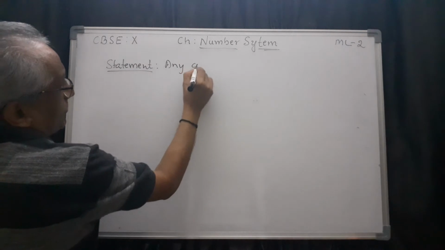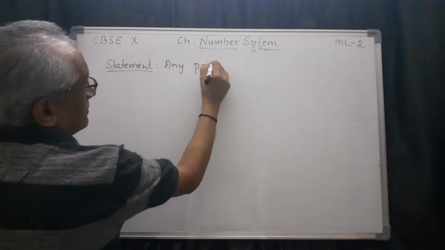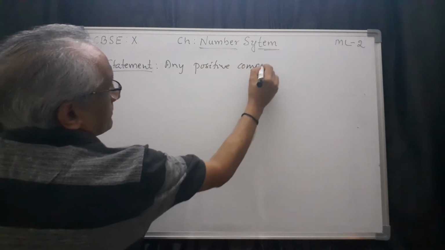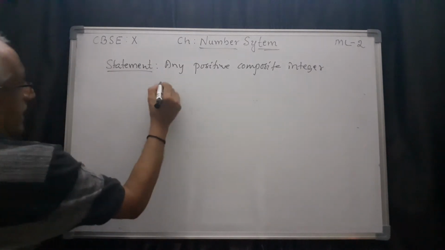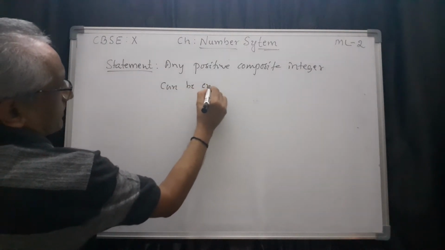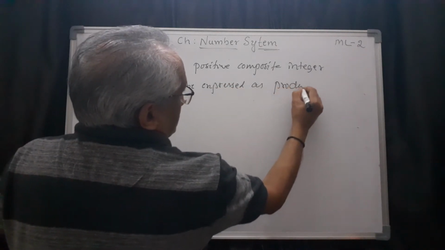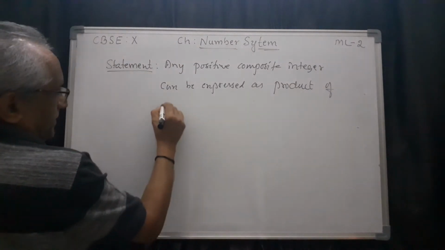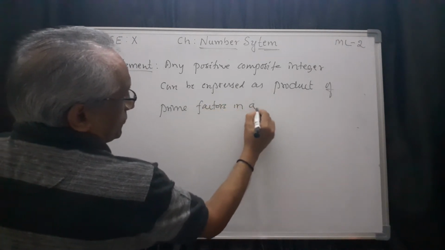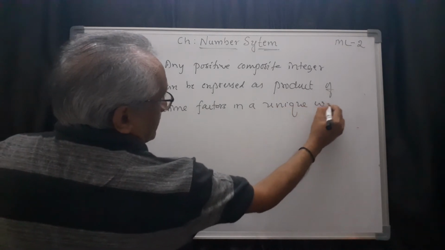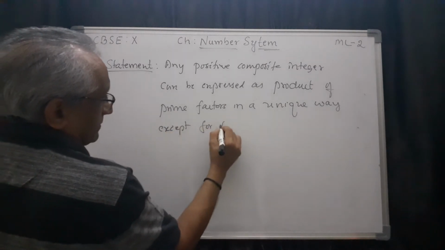any positive composite integer can be expressed as a product of prime factors in a unique way, except for the order.